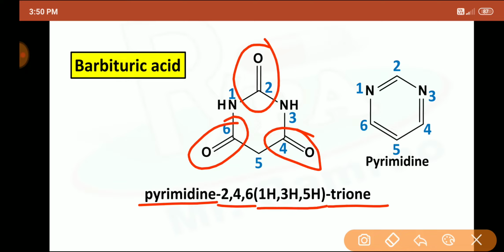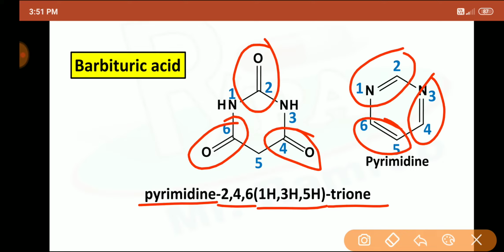And in brackets we have to put 1H, 3H, 5H, because in pyrimidine you can see there are 3 double bonds between first and second, third and fourth, and fifth and sixth carbon, and we have to show the reduction of those bonds by placing 1H, 3H, 5H in the bracket. So this is the IUPAC name of barbituric acid.